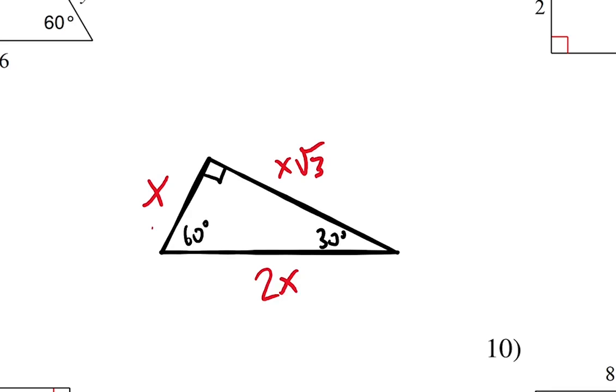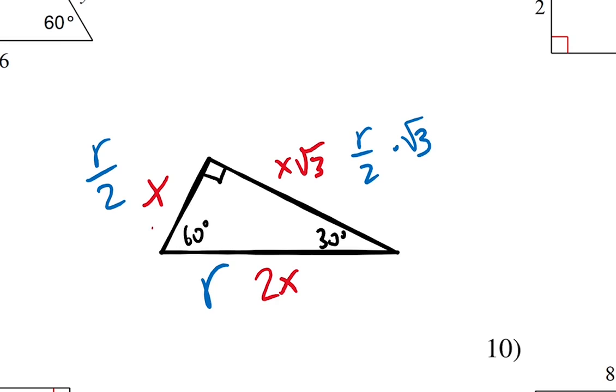In the last video, I set the hypotenuse as r, the small leg as r over 2, and the longer leg as r over 2 times the square root of 3. Do you see how this is still the same proportion?